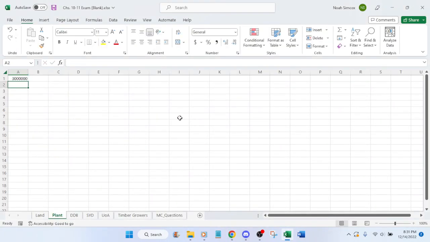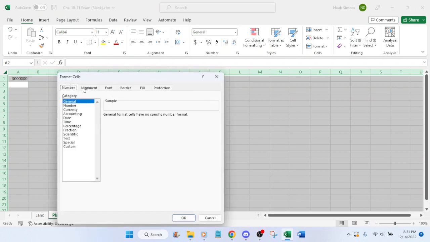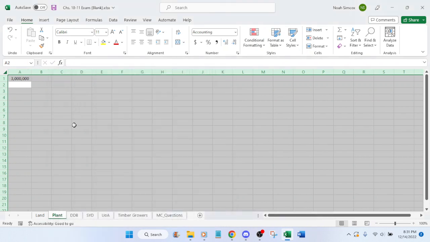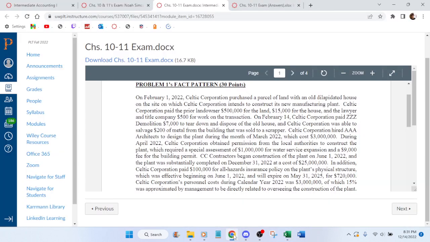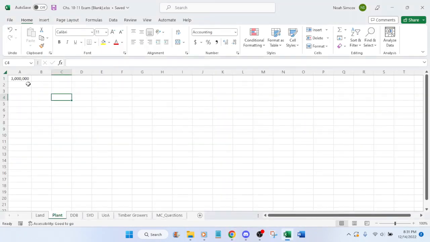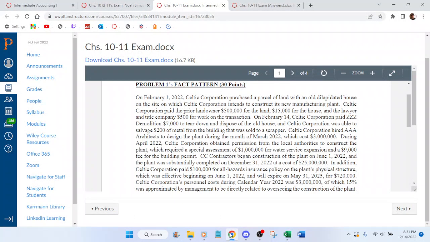Oh, again, I have to do format cells, accounting, and no symbols. There, easy. 9,000 for this permit. And then we have construction will be 25 million.